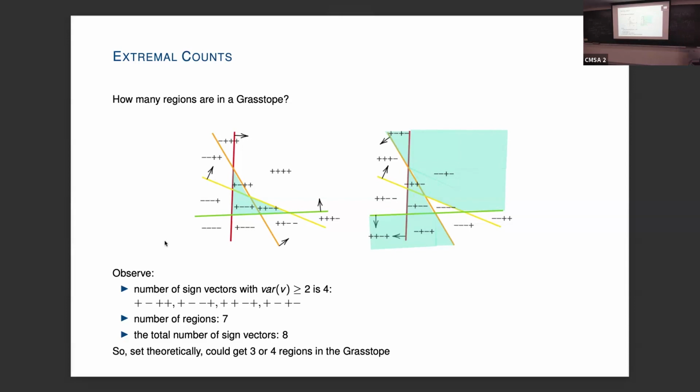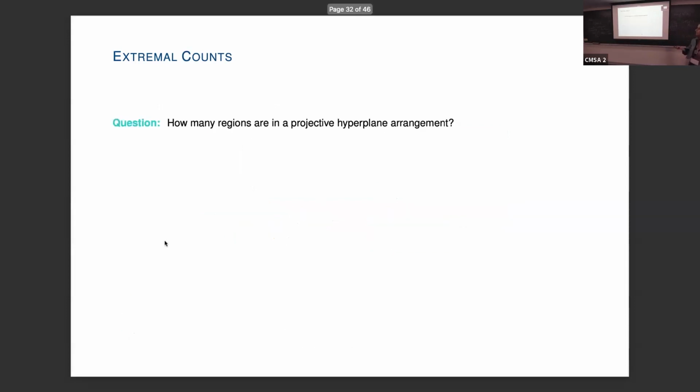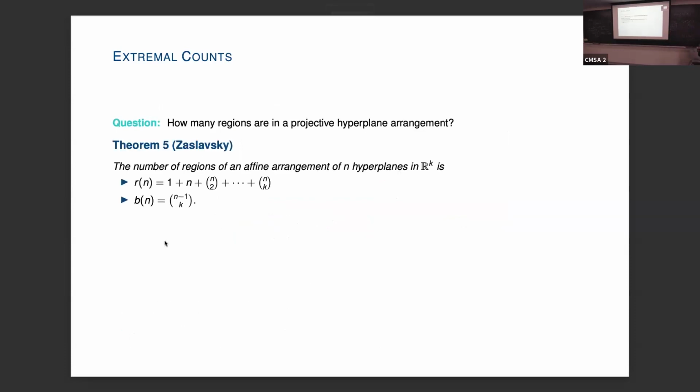But first we need to know how many regions are in a hyperplane arrangement. So fortunately, this was studied by Zaslavsky. Here I should say I'm talking about generic hyperplane arrangements. So for a generic affine hyperplane arrangement, we have formulas for the number of regions, that's R of n, and bounded regions, B of n.